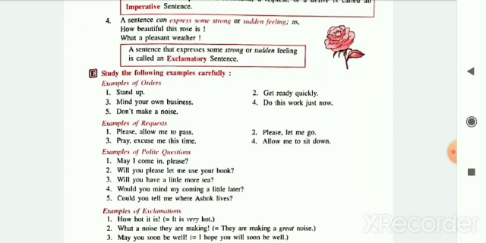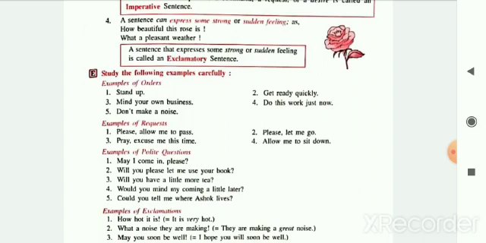You can use the exclamatory mark after the word. Alas, the man is dead. So here after alas, I can use the exclamatory mark, or I can use it after the whole sentence is over. What a beautiful weather. What a pleasant weather. So here I will use the exclamatory mark after the sentence is over.